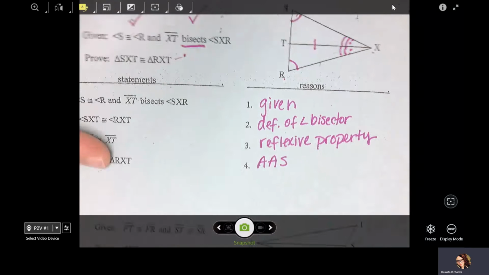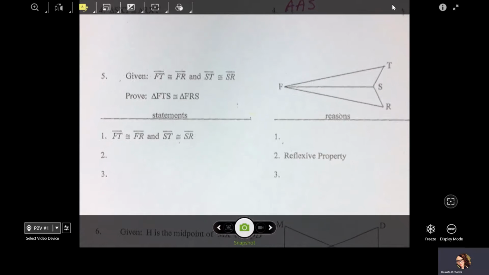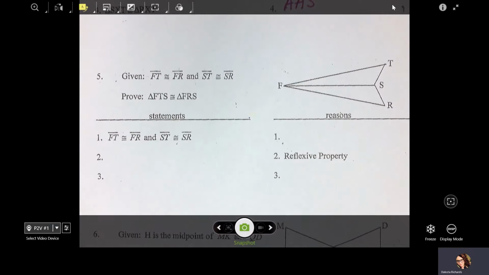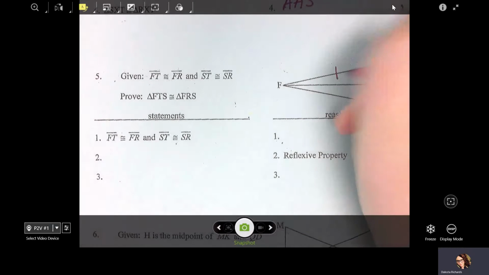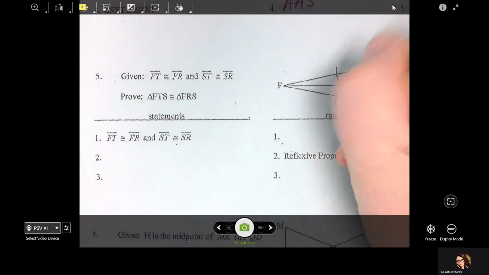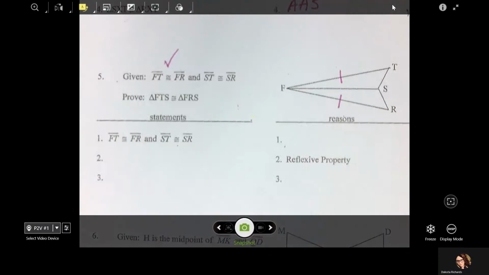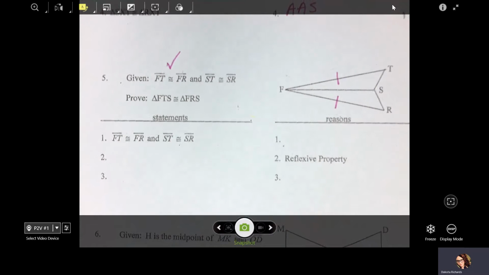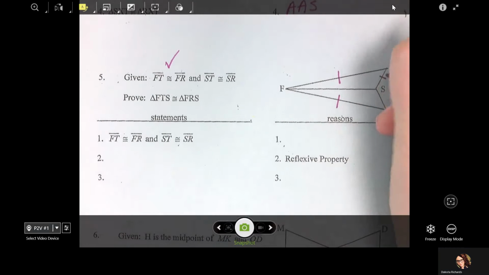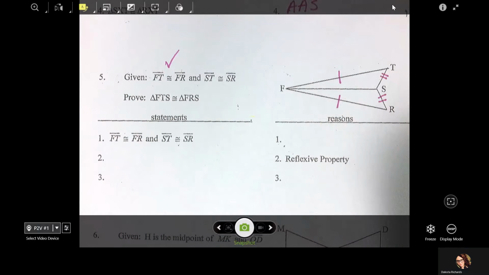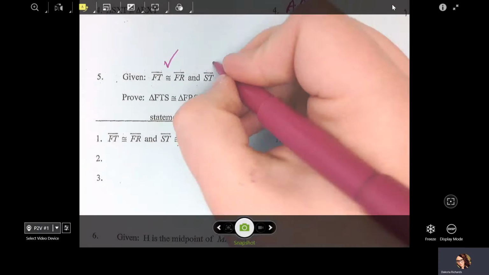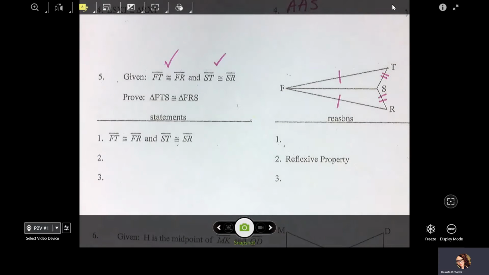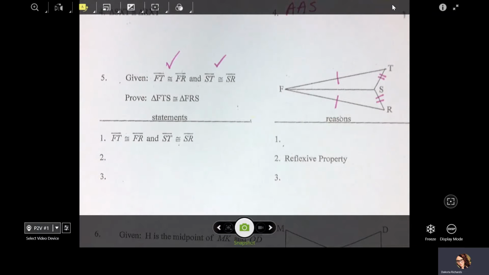Okay. Number 5. Given FT is congruent to FR and ST is congruent to SR. Okay, I just marked those. Prove that triangle FTS is congruent to triangle FRS.